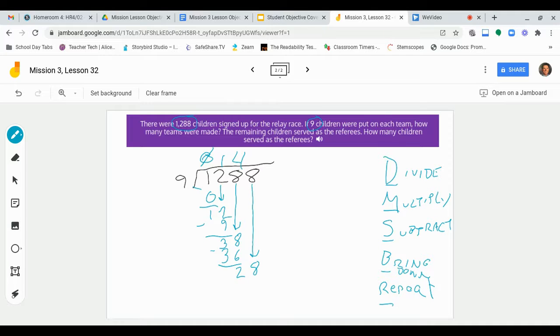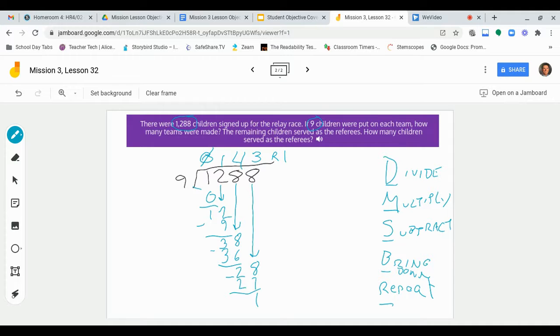The closest I could get was 3 times. I multiply. 3 times 9 is 27. Then I subtract them. 28 minus 27 is 1. Now I'm going to bring down, but there's nothing left to bring down. So that tells me I'm done, and that 1 is my remainder. So my quotient is 143 with a remainder of 1.